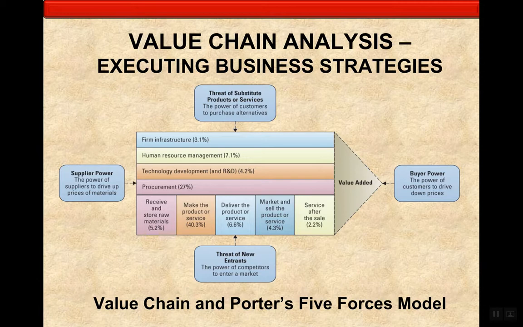Porter positioned the value chain as a means of allowing an organization to deal with the different five forces, so the two are connected. Supplier power from a procurement perspective, buyer power where customers drive prices, substitute products, and new entrants.